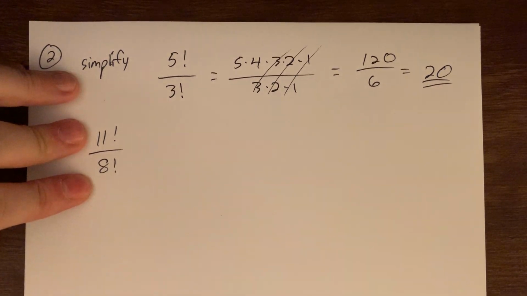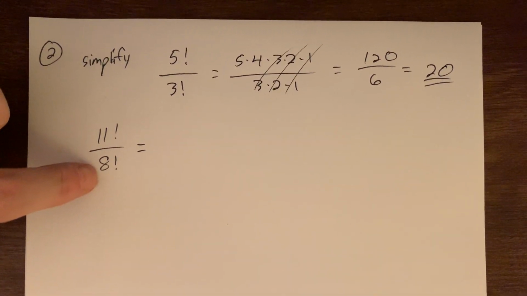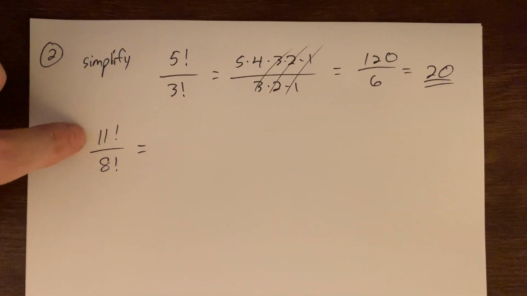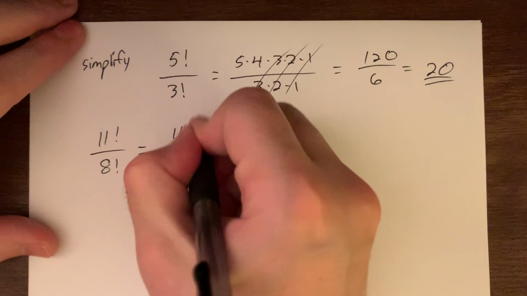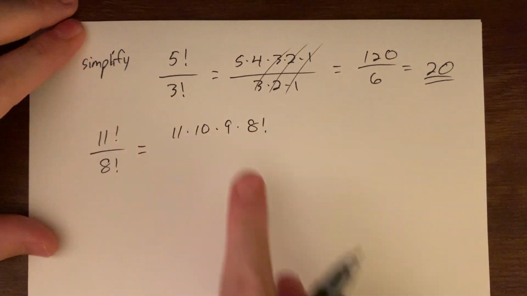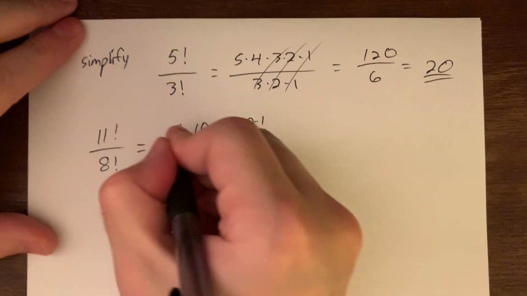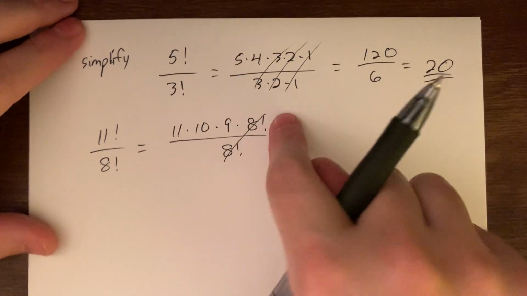But you could plug this in, but take advantage. This is the smaller one, so expand this factorial until you get to this one. So this will be 11 times 10 times 9 times 8 factorial. I keep going down, but I'll stop at the 8 factorial because that cancels here and here.